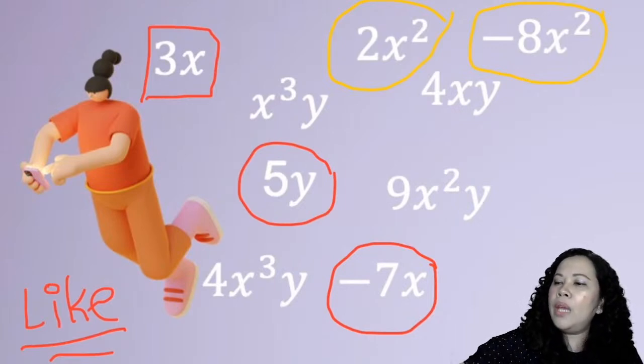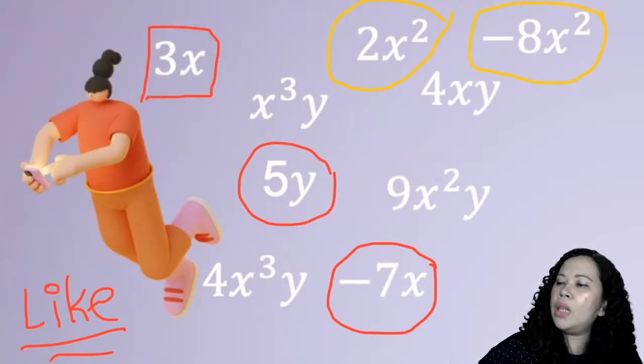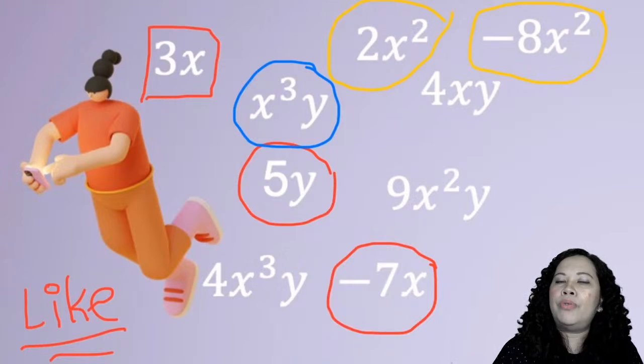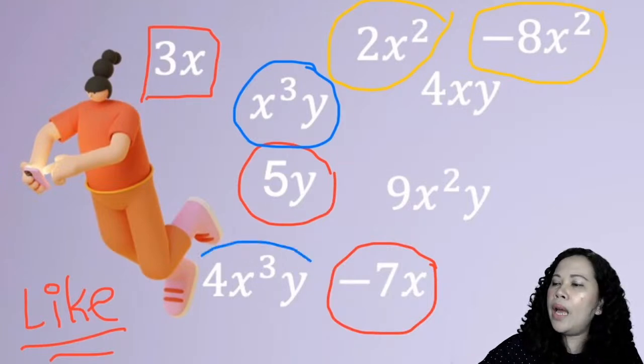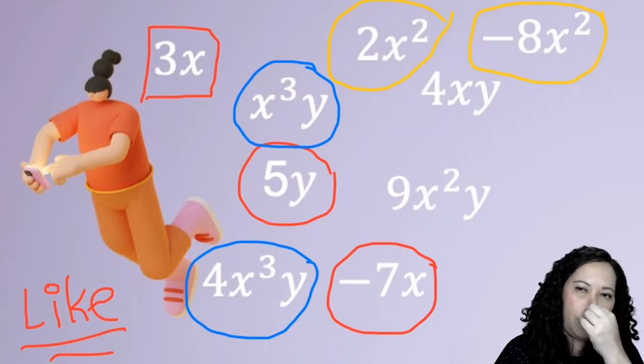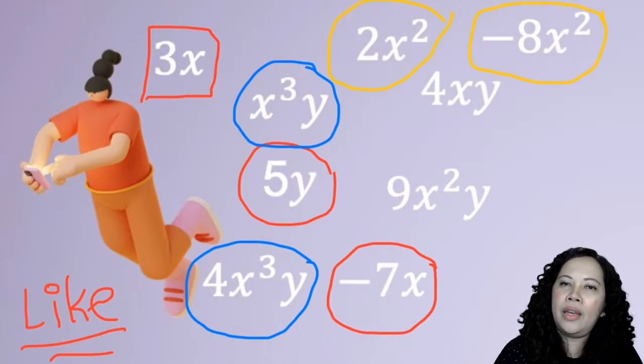The other one we have, let me use a different color, x cubed y. Is there anything that has x cubed y as well? So if you would notice, 4x cubed y below has exactly the same. It has x cubed y, and the other one has an x cubed y. Therefore, they are together considered as like terms.